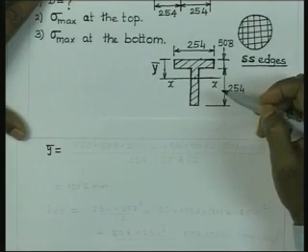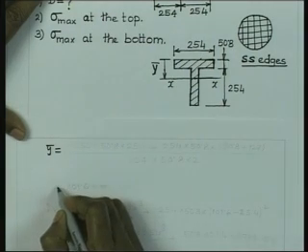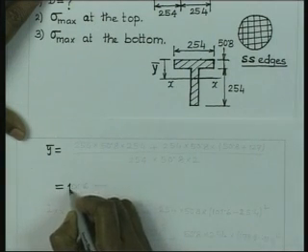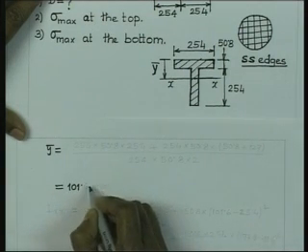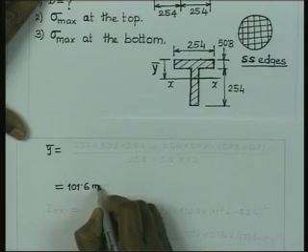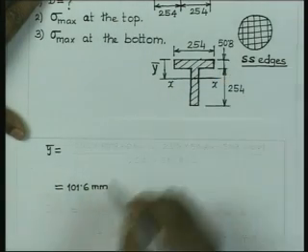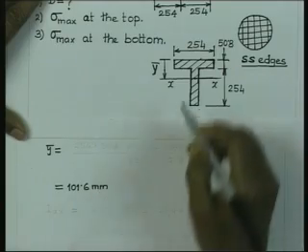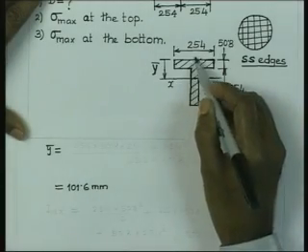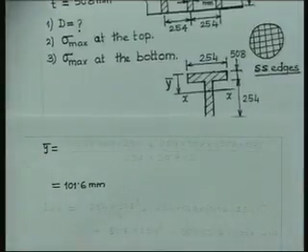That will give us y bar as 101.6 millimeter. So, this CG is located at a distance of 101.6 millimeter from the top.